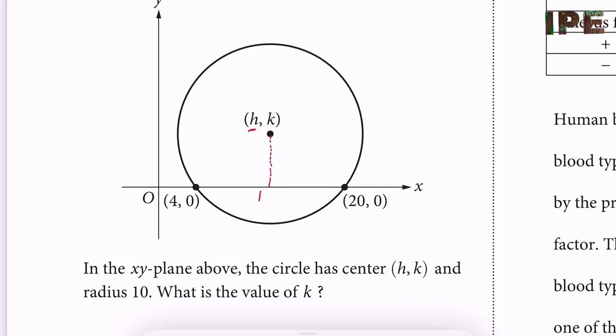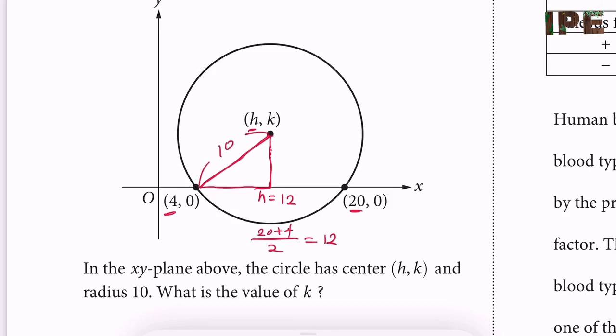What is h? h is exactly the midpoint of 4 and 20, right? 20 plus 4 divided by 2 is 12. So h equals 12.